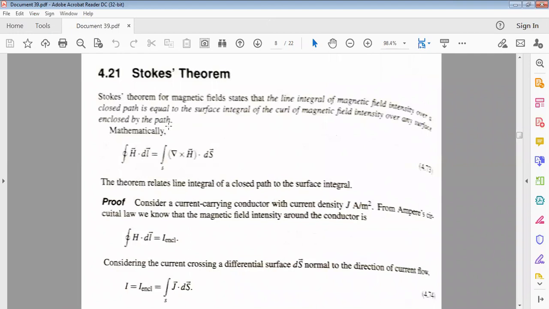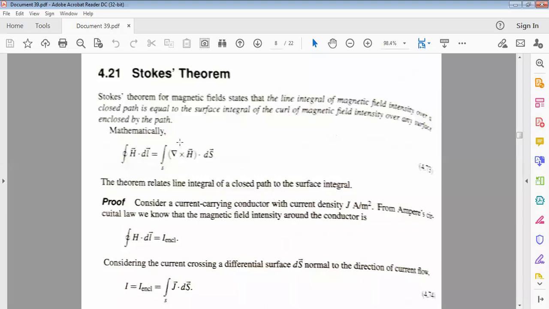What does the Stokes theorem state? It states that the line integral of a magnetic field intensity over a closed path, closed integral of H dot dl, is equal to the surface integral of the curl of magnetic field strength over that surface ds. Remember, this is not a closed integral, it is only a surface integral.